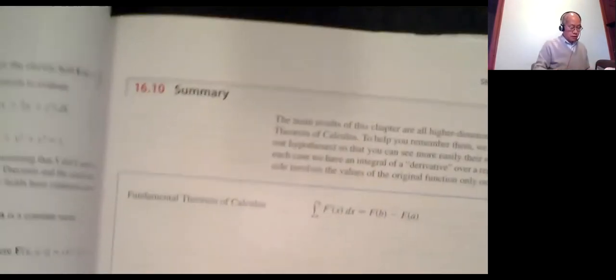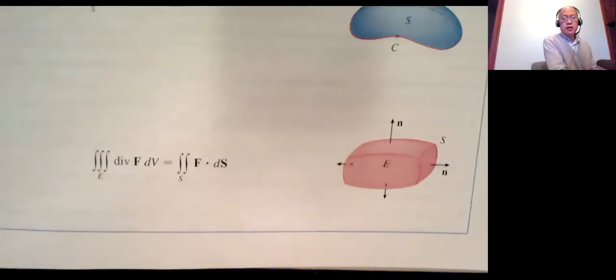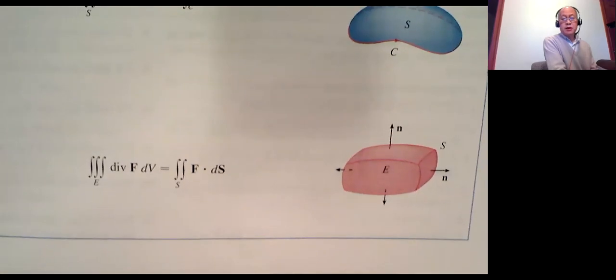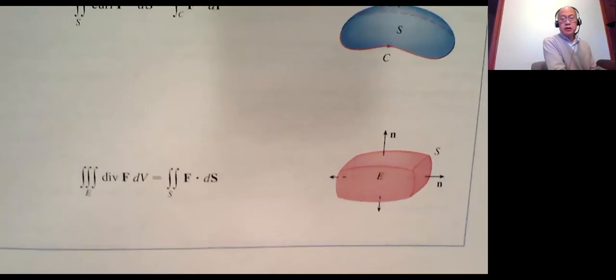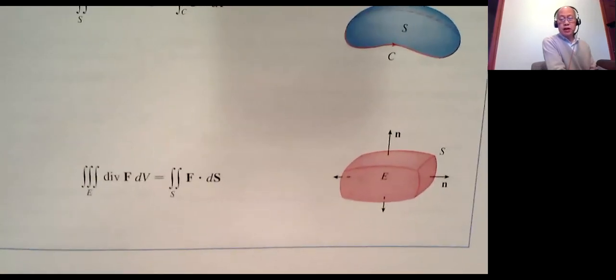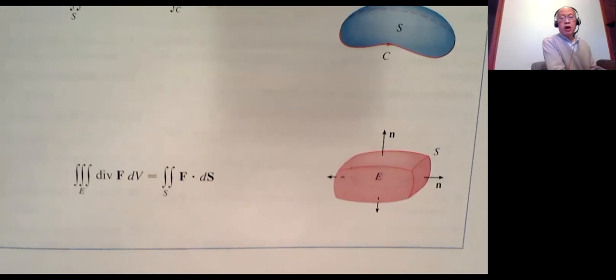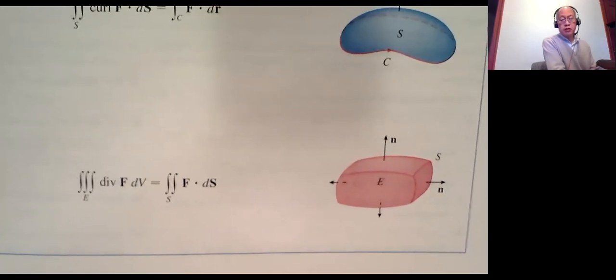Okay, and the picture on page 1147, I showed you this last time. This is what's happening. So in that last picture in red, almost always it's easier to do the triple integral.